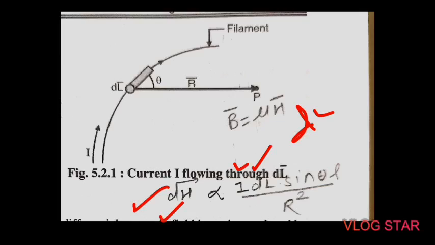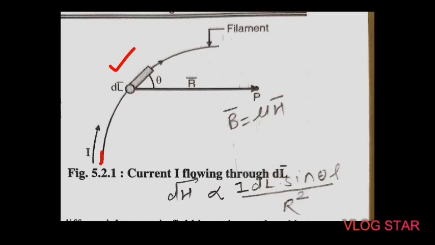Okay, so for that let us consider the current I flowing in a differential length of the filament dl. This is the dl bar, the differential length filament, and the current I is flowing through this filament, which can be shown in this figure. Let us consider point P as the point at which we have to find the magnetic field intensity.